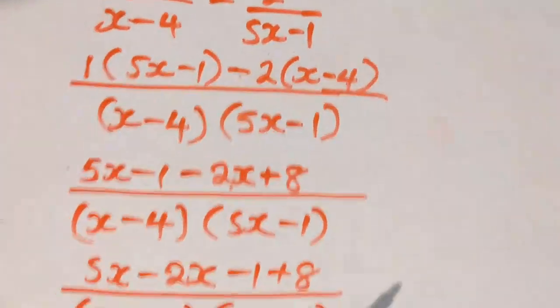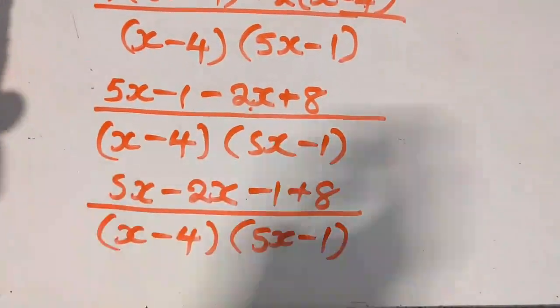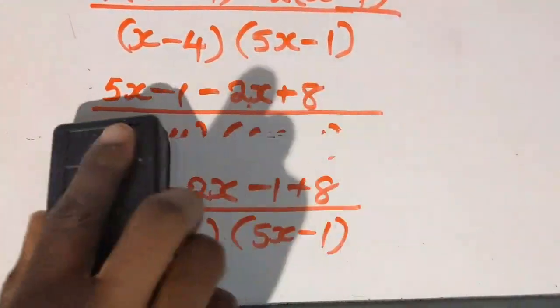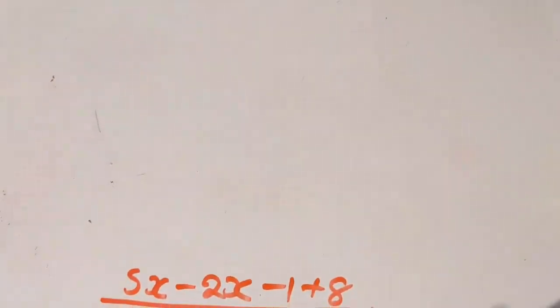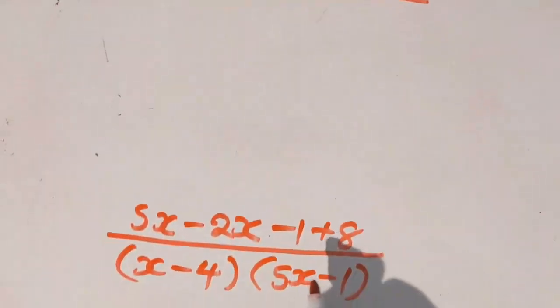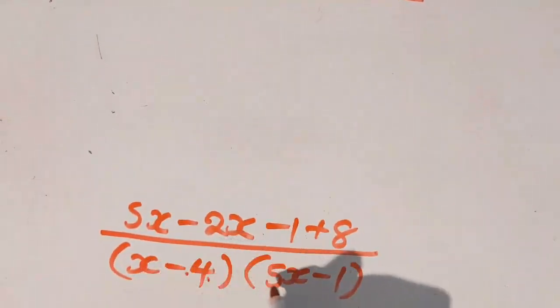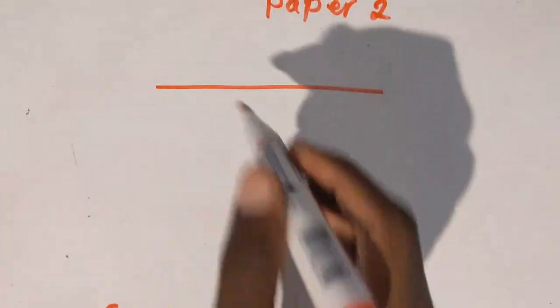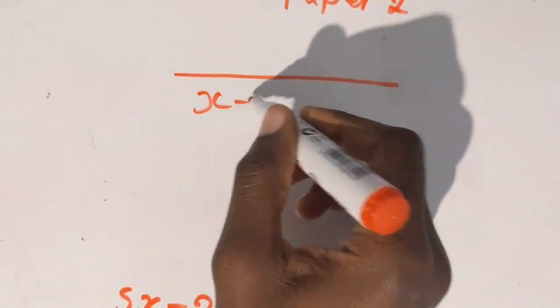Then you solve. Let me just create some space here. So what we actually have is, up here we have this, over what is down there: x minus 4 and 5x minus 1.